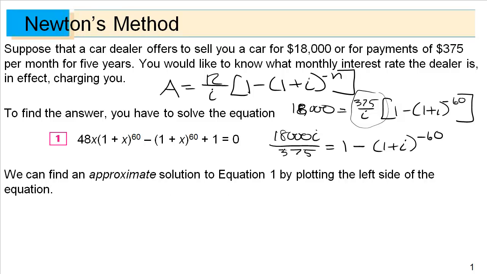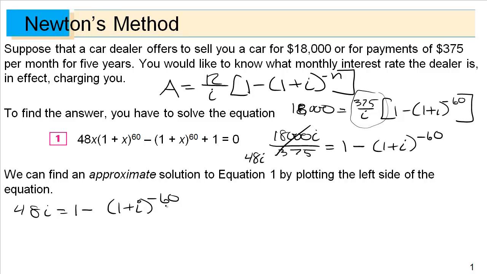Of course, we can clean this up, and if you do the math, this is just 48I, because that's 18,000 divided by 375. So now we have 48I equals 1 minus 1 plus I to the negative 60.